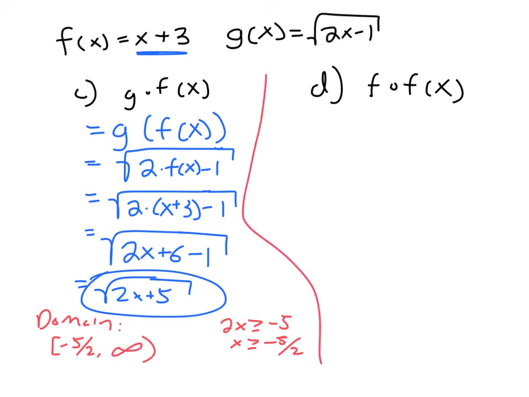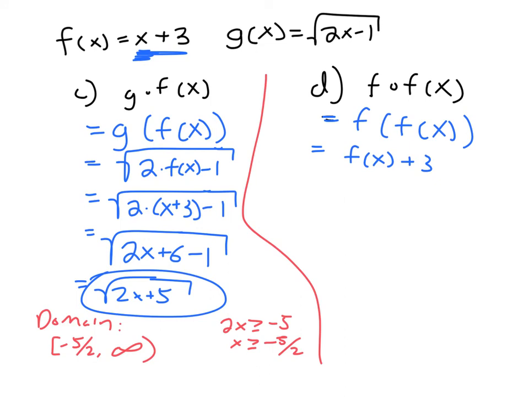Alright, last one. Let's do f of f of x. It's asking us to find f of f of x. I'm going to do the same process. I go over to f, and every time I see an x, I'm going to put in f of x. So I'm going to put in f of x plus 3.